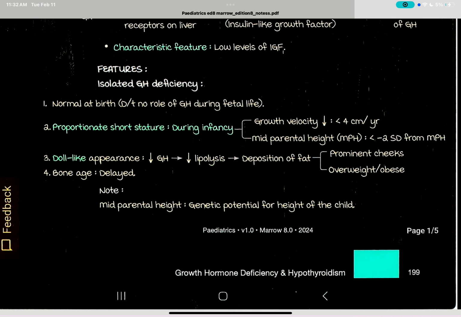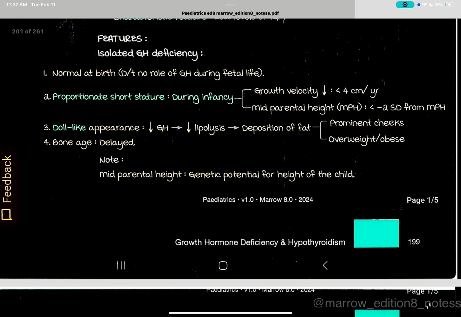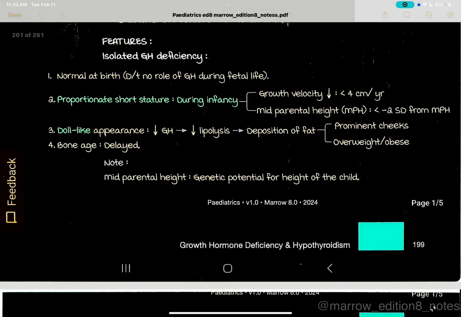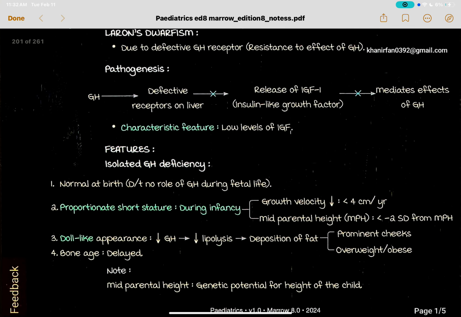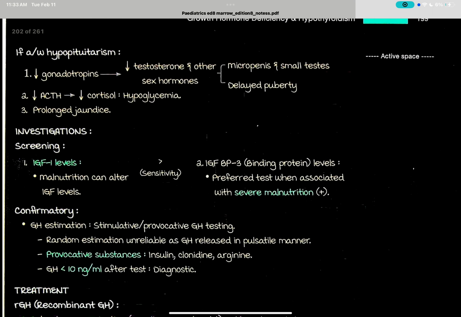Doll-like appearance is due to decrease in growth hormone, that is decreased lipolysis and deposition of fat, prominent cheeks, and overweight and obese. Bone age is delayed. Note, mid-parental height is the genetic potential for height of the child.